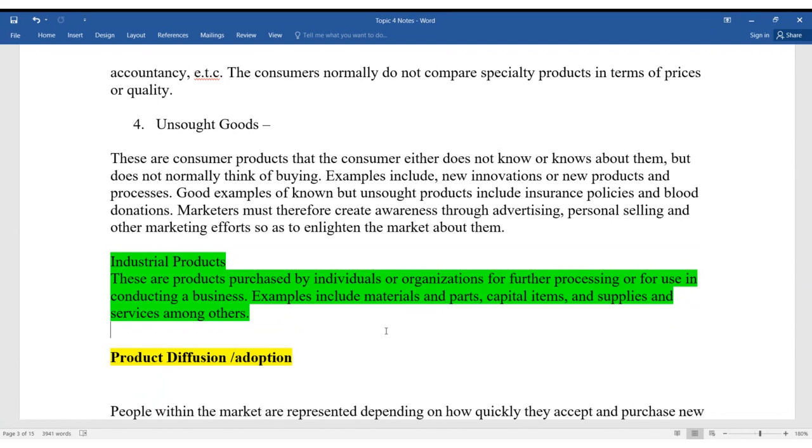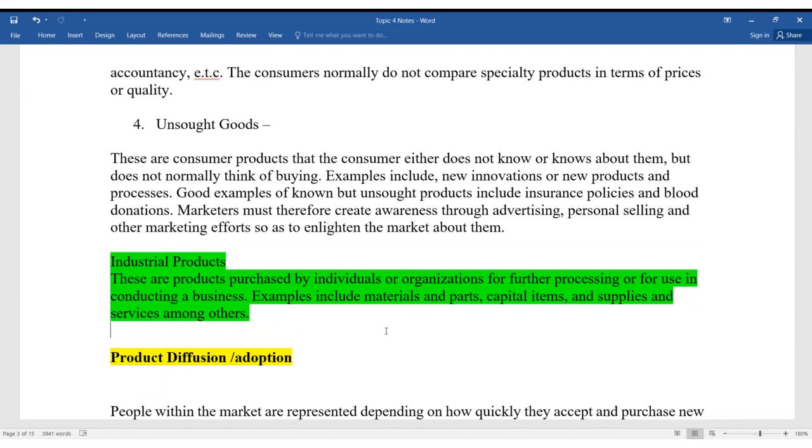If you have a dough mixer in a kitchen, it is a capital item, especially if you use it in a restaurant facility for your business. Or blenders, for example, there are heavy-duty blenders that can be used to prepare various types of juices for sale. That is a capital item.